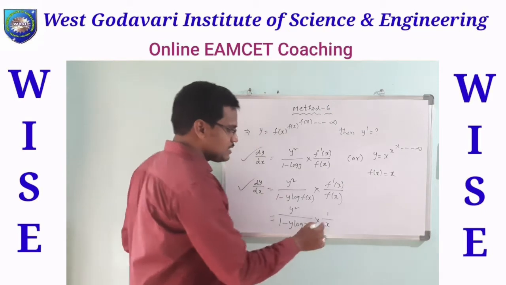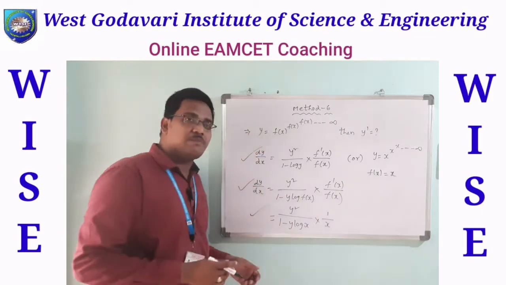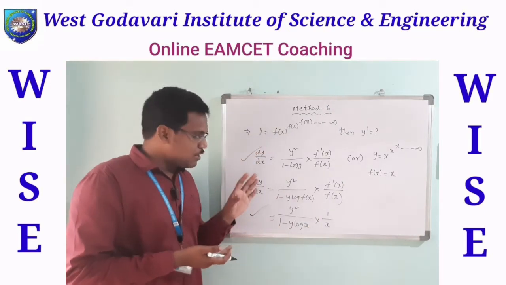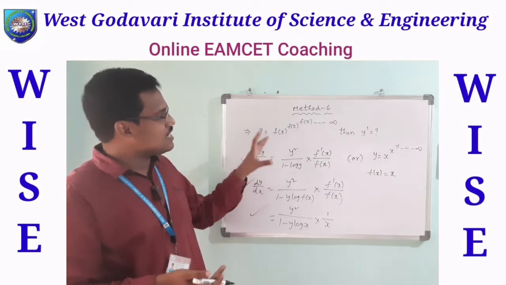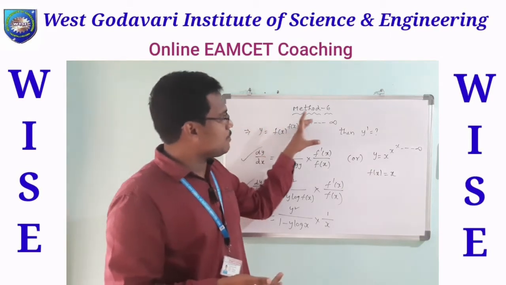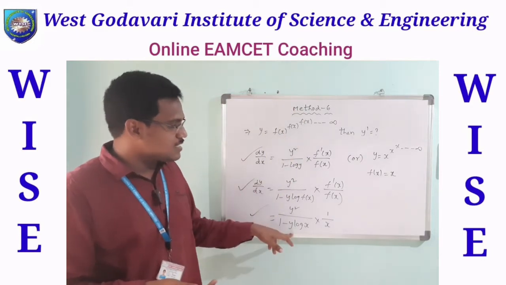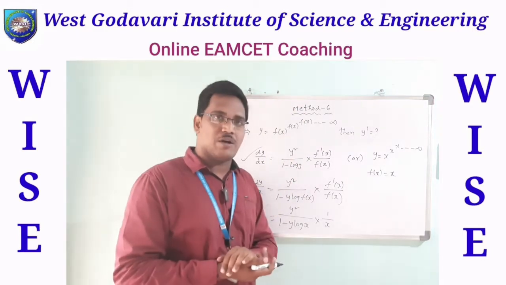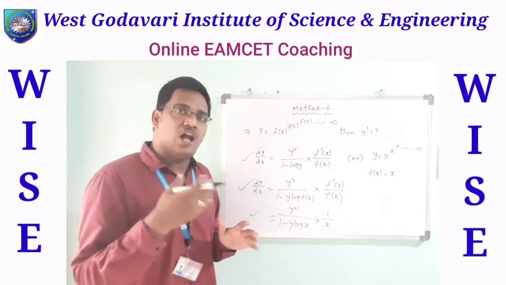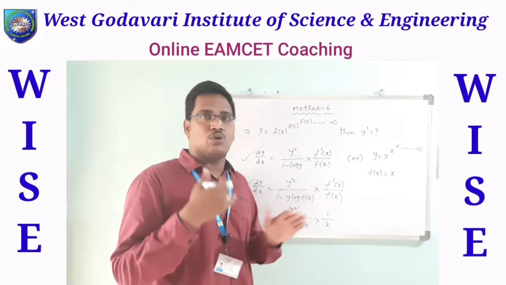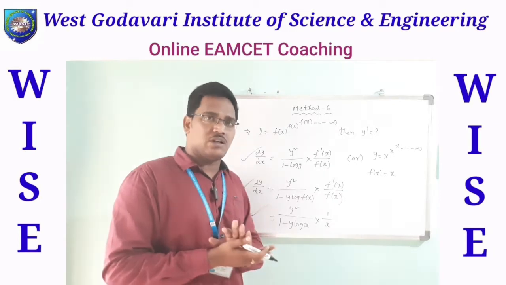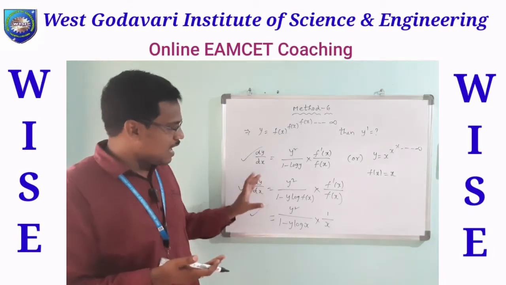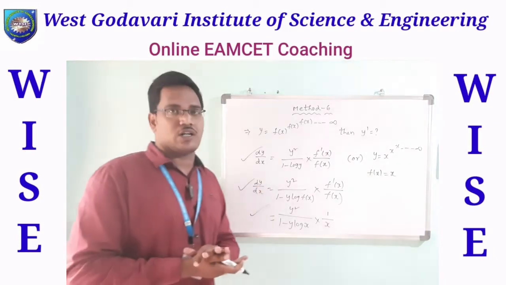So we get the same answer as in the previous problem. By using the shortcut method, we can solve each and every problem. Whenever the problem is in this form, we get the answer in a single step. No need to apply the logarithmic properties, no need to do the differentiations, and no need to take the common terms. We get the answer simply by knowing the shortcut way.